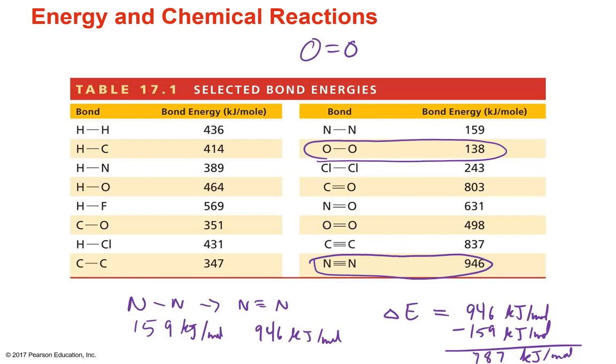So how do we use that? Well, we use it in things like TNT. What does TNT stand for? Trinitrotoluene. Nitrogen is a major component in bombs because of that bond energy situation.